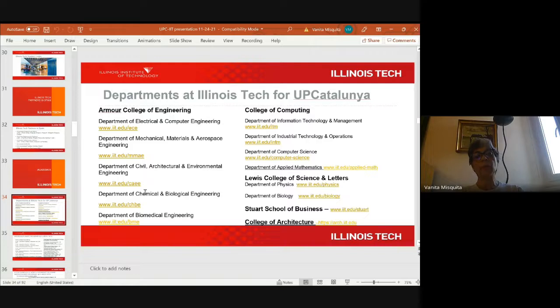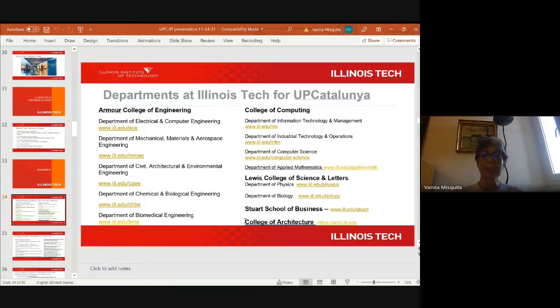Or if some of you have a chemical engineering specialization from Industriales, you can choose the Department of Chemical and Biological Engineering. Biomedical engineering may be useful also for Teleco students. Then also useful for Teleco and maybe Industriales would be industrial technology and operations, information technology management, computer science, applied mathematics.